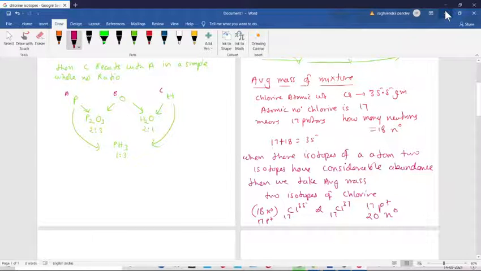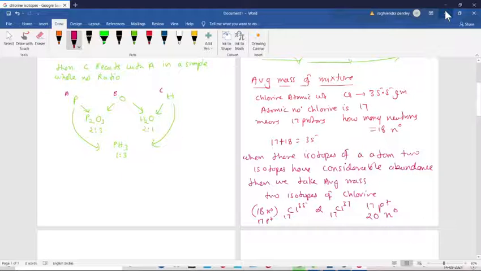Okay, now you can see here. Can you see this, chlorine 35 is 75.77%. Chlorine 37 is 24.23. Can you see this one? There is another isotope, chlorine 36.